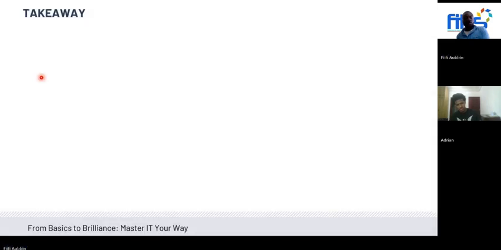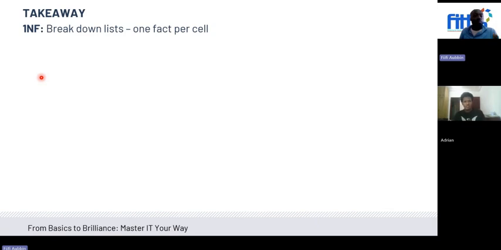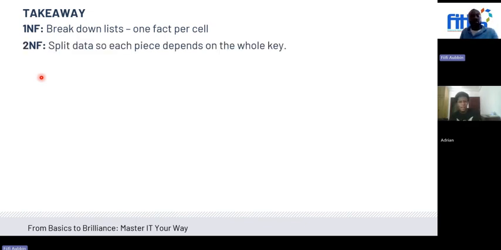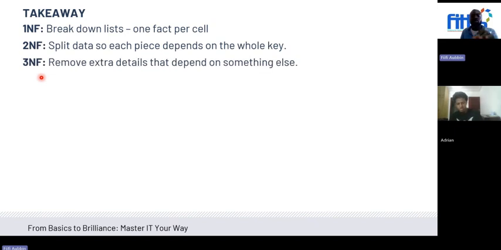Okay. So what is our takeaway here? For first normal form, you break down lists, 1 fact per cell, which you identified at the beginning of this lesson, which was great. The second normal form splits data so each piece depends on the whole key. And the third normal form removes extra details that depend on something else.